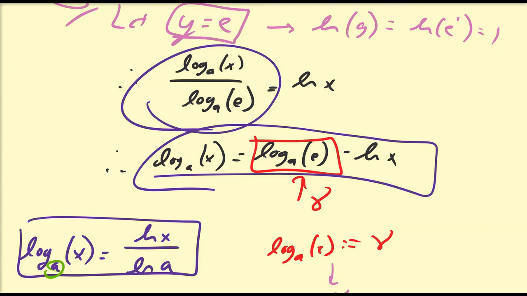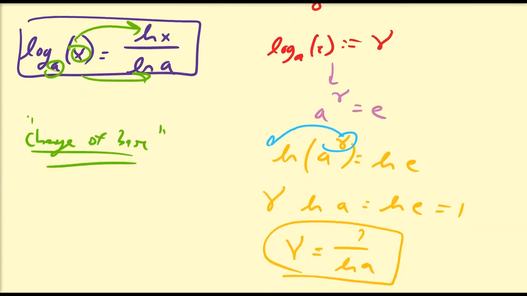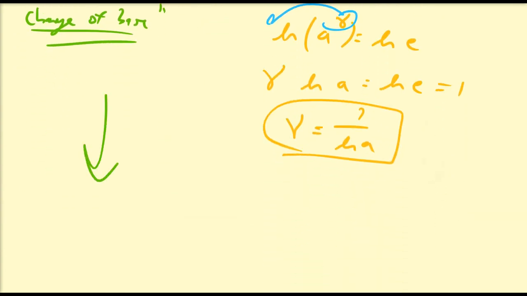Notice the base of the logarithm is in the denominator, and the interior of the logarithm is in the numerator. This is sometimes referred to as the change of base relationship for logarithms, and you can call this the fourth property of logarithms if you want.